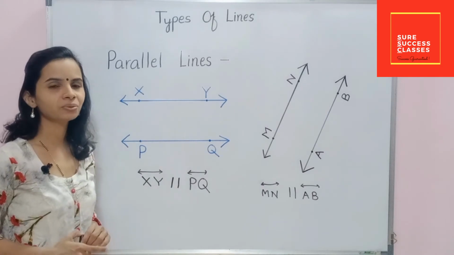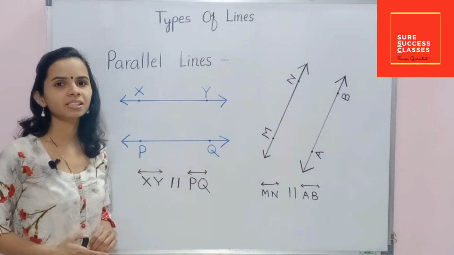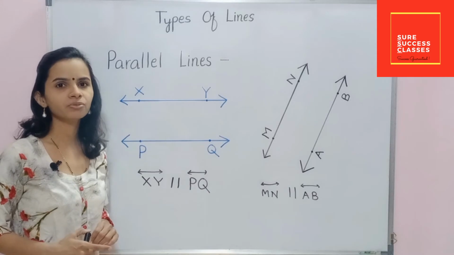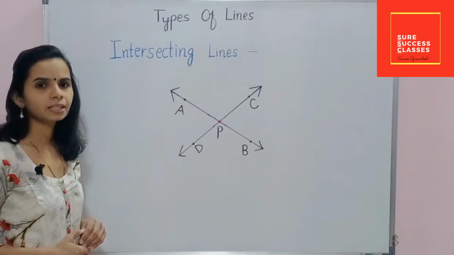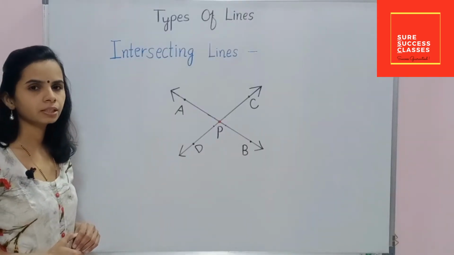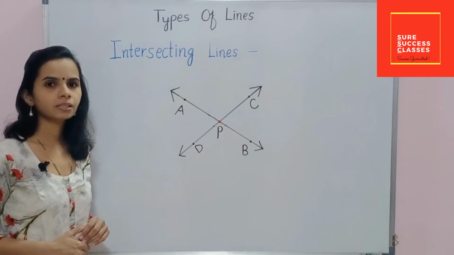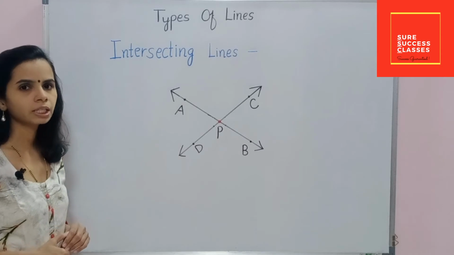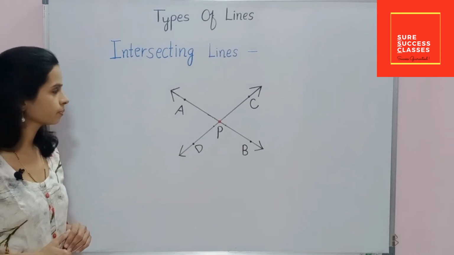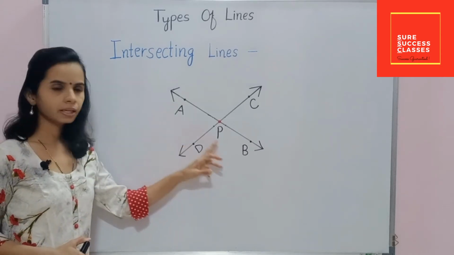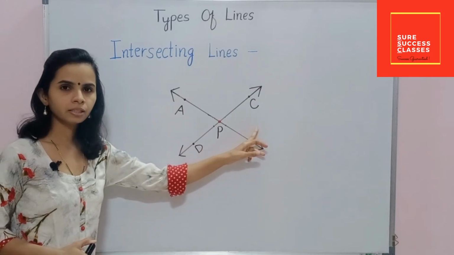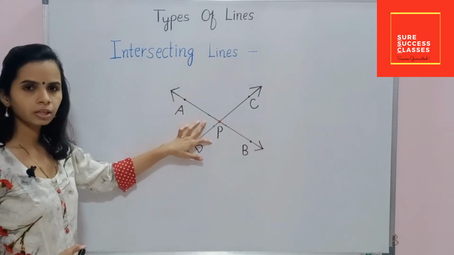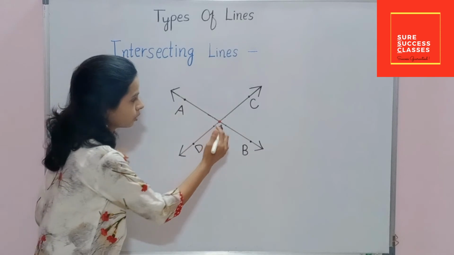Examples related to such type of lines are stumps of wicket and rails of railway track. Next type of line is intersecting line. When lines cross each other at a point, at that time those lines are called intersecting lines. Here line AB and line DC cross each other at which point?